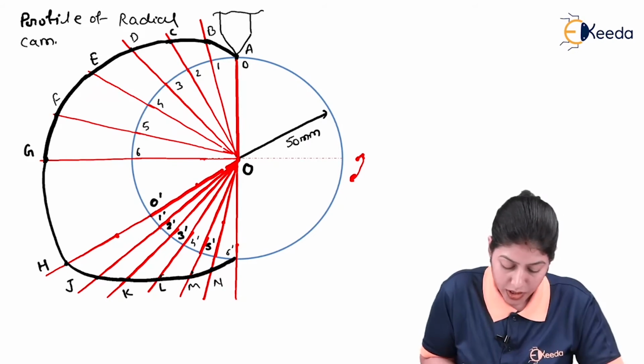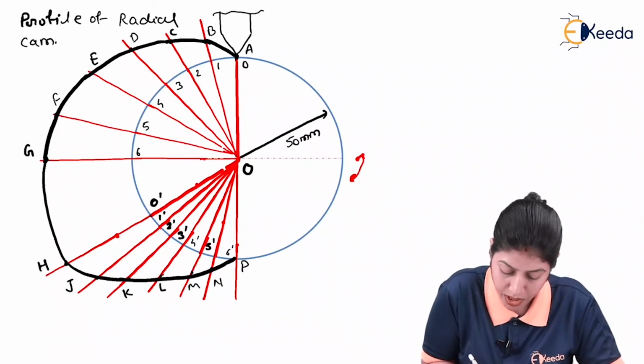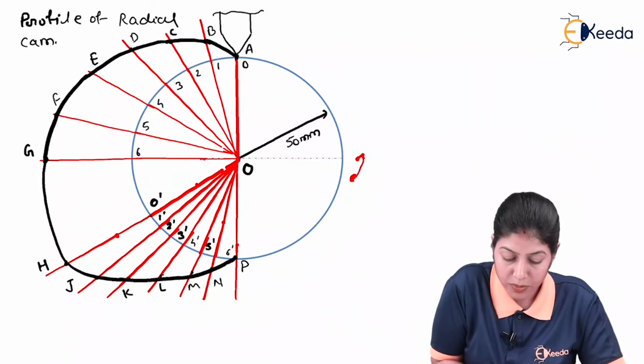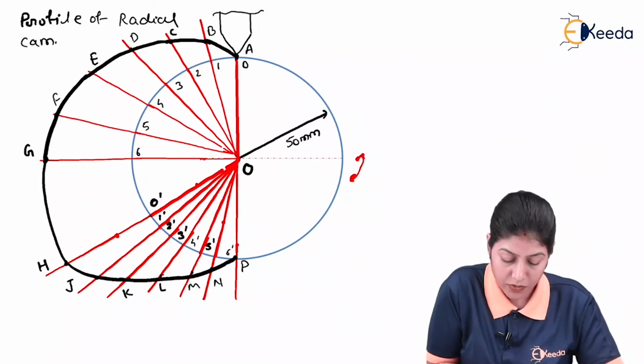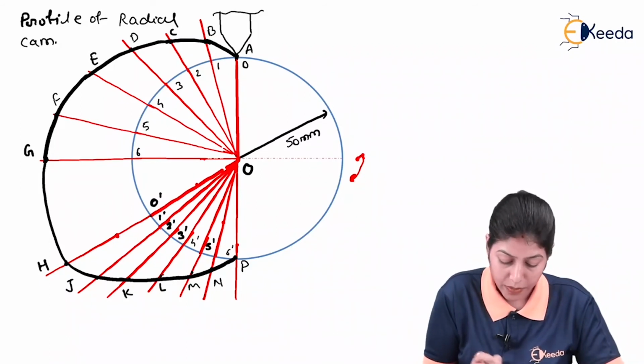So after joining these points J, K, L, M, N, and this point should be P, that is 6 dash. So this particular profile here I have drawn with the help of a black pen.